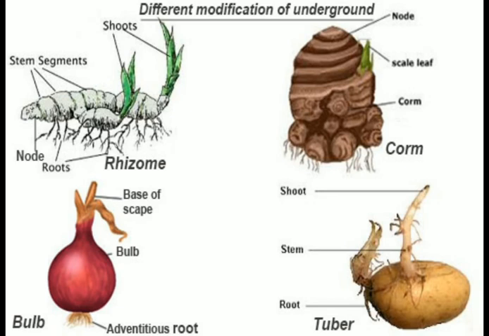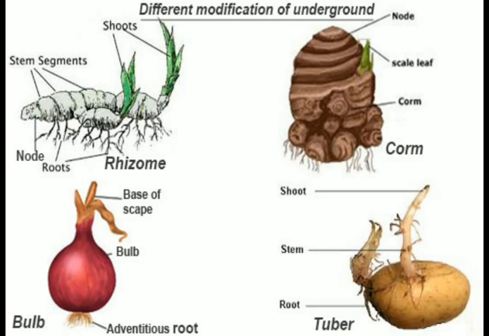First of all, one underground stem, that is the rhizome, the example is ginger, as it just looks like the root, but because of the presence of the nodes and the internodes on its surface, that is, these lines are the nodes and the spaces in between are called the stem segments or the internodes.